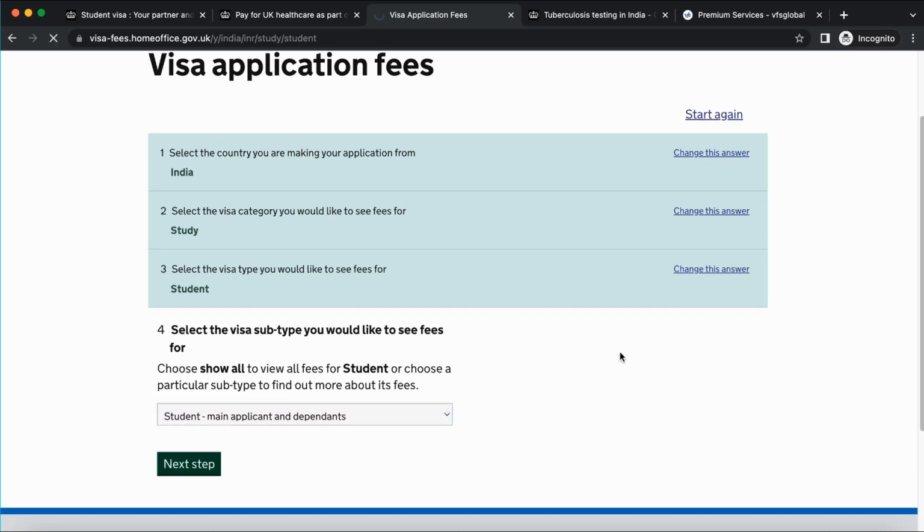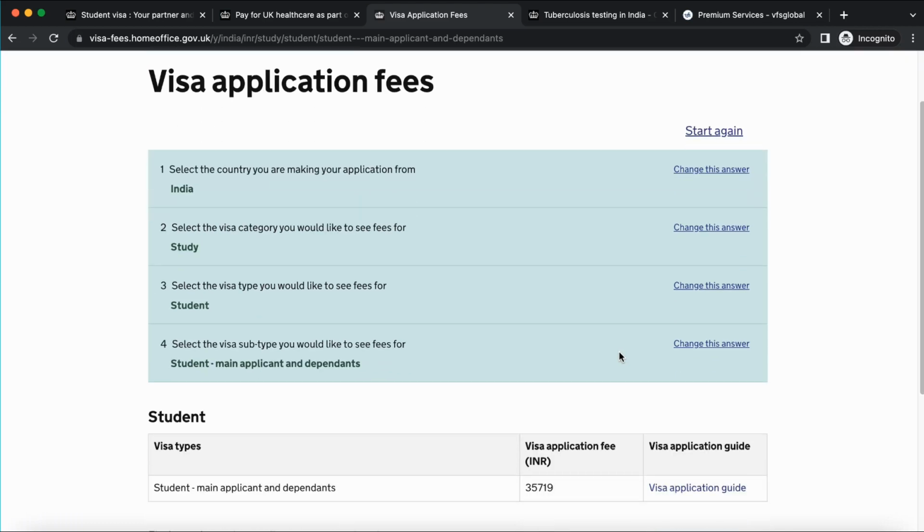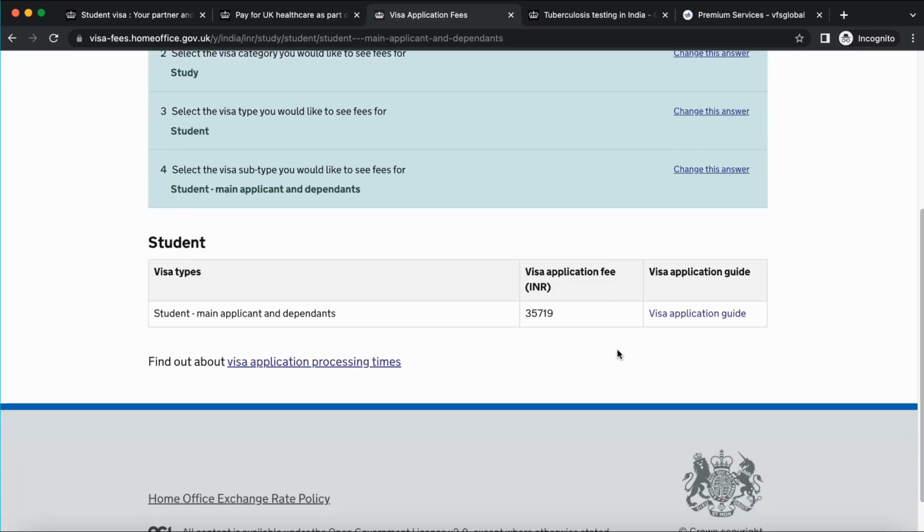Next step. Okay, so here you can see the total costing is mentioned as 35,719 rupees. In pounds, it would be roughly around 350 pounds, but it would again vary from country to country.